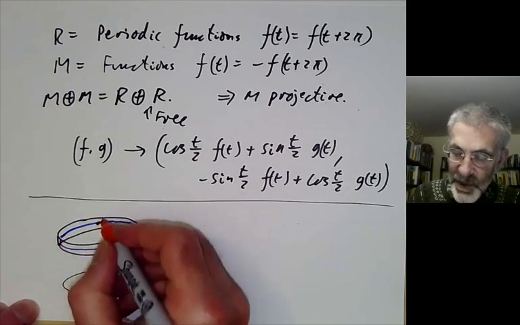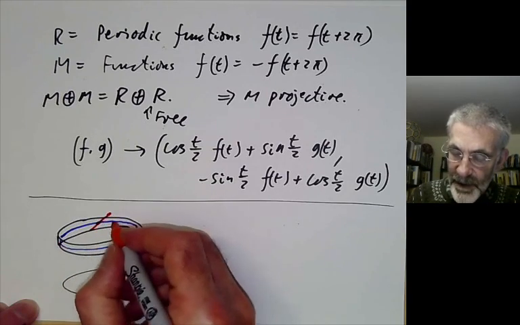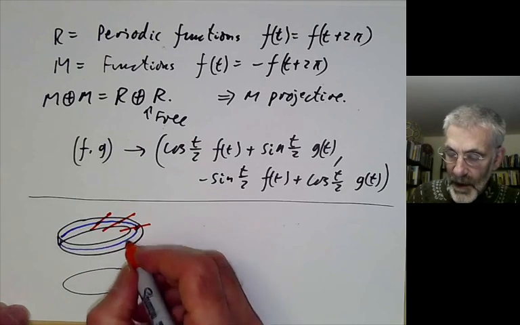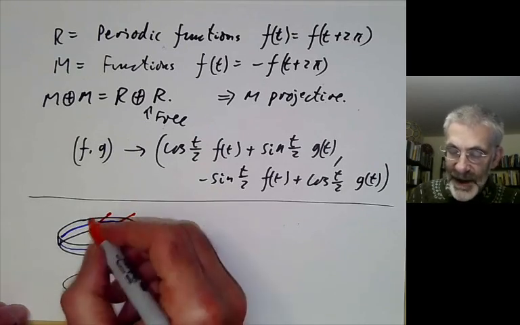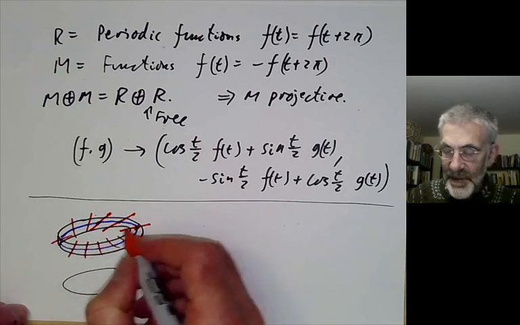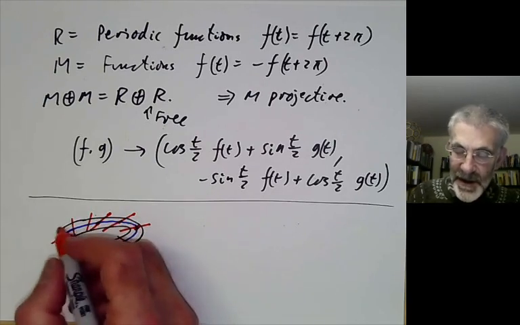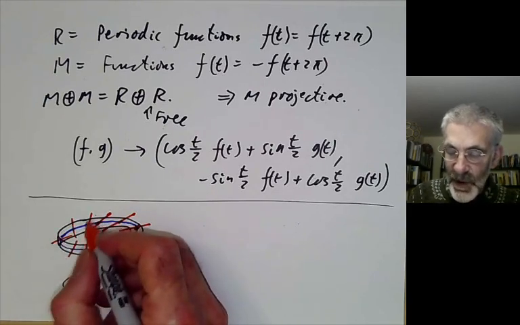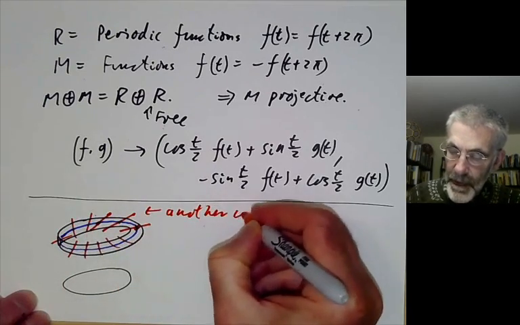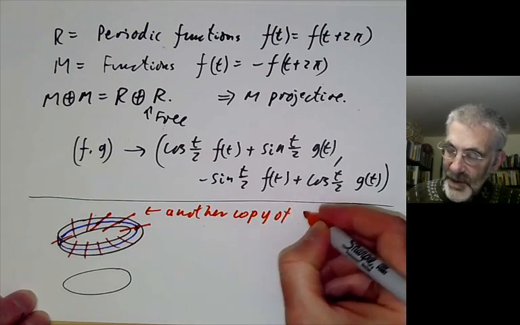So at each point you take a copy of the reals that is orthogonal to the Moebius band. And what you can see, if you've got a good imagination and if you draw a better picture than this, is that these normal bundles form another copy of the Moebius band.